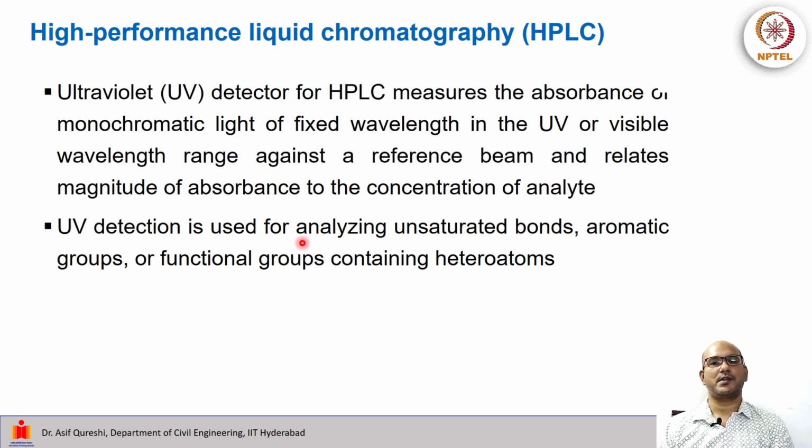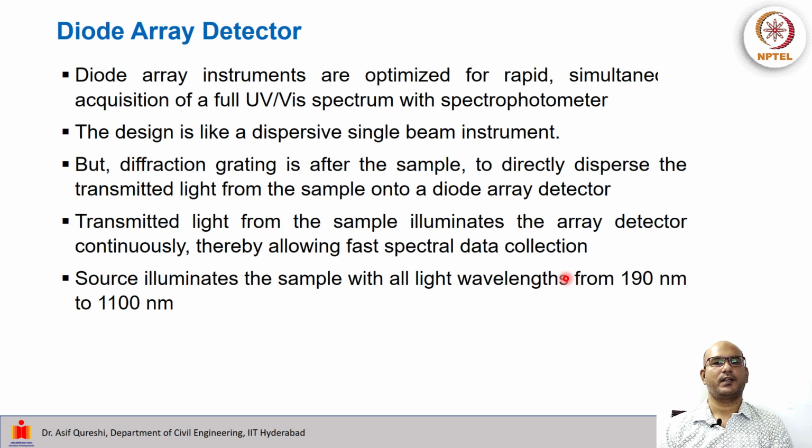UV detection can be used for analyzing unsaturated bonds, aromatic groups, also functional groups containing heteroatoms. Then we have the diode array detectors, which are optimized for rapid simultaneous acquisition of a full spectrum, UV visible light spectrum, with a spectrophotometer.